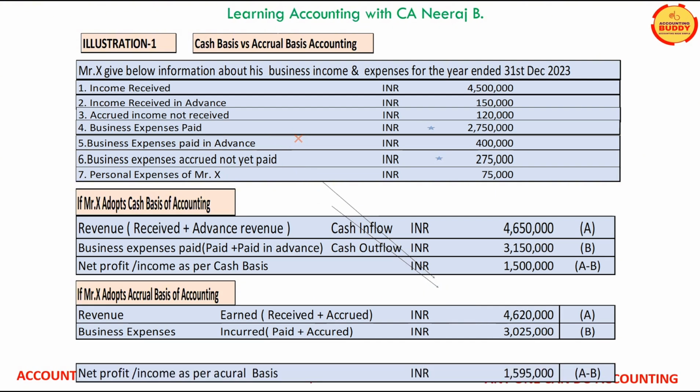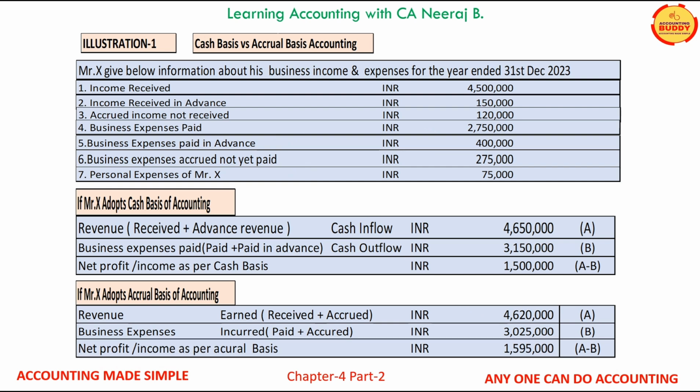Therefore, the net profit under accrual basis of accounting will be 1,595,000.